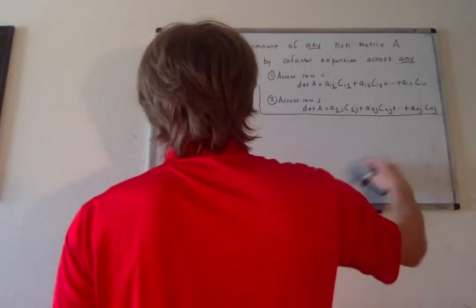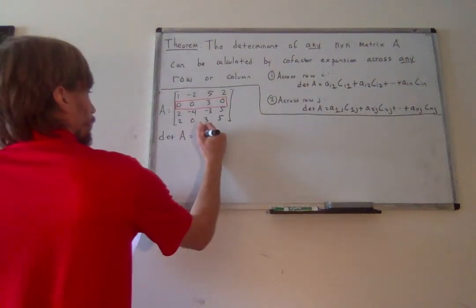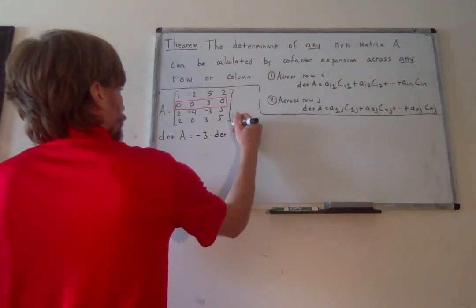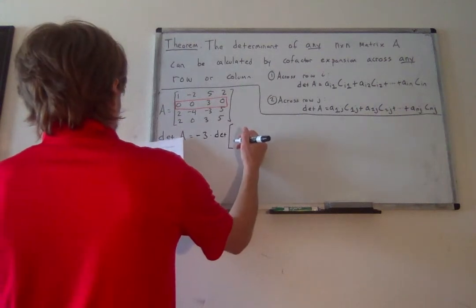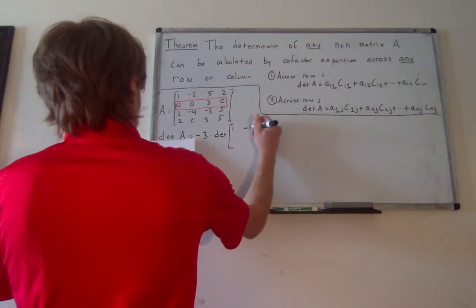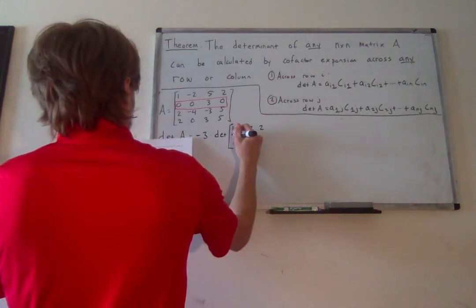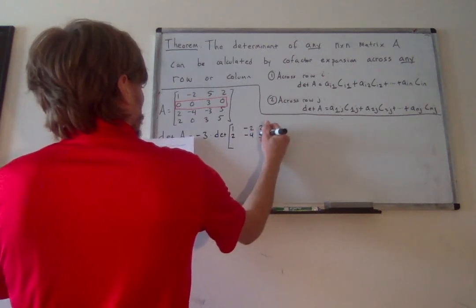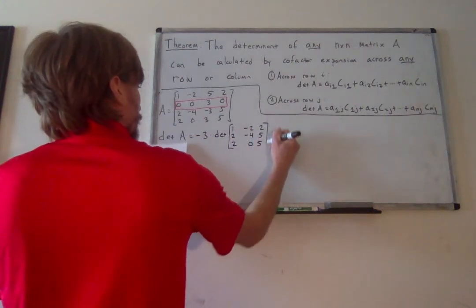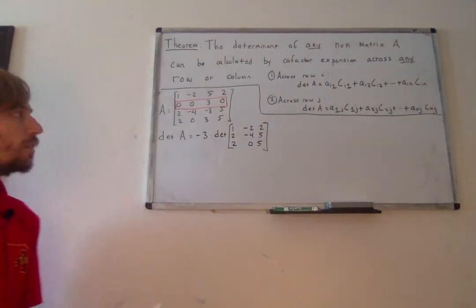So because of cofactor expansion, it turns out that the determinant of this 4x4 matrix is just -3 times the determinant of a 3x3 matrix. And while a 3x3 is still a little annoying, it's not nearly as hard as a 4x4.